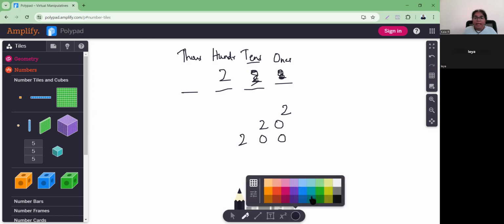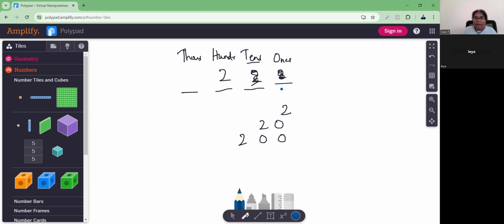Whenever we are shifting from this side to this side, the value is increasing by 10 times, right? It was just 2 here, it became 20 here. Now it was 20 here, it became 200 here again. So every time you go to the left side, the value of that number is increasing 10 times.